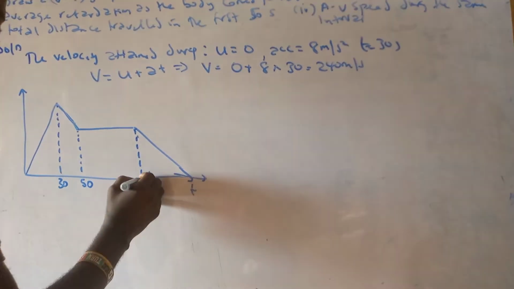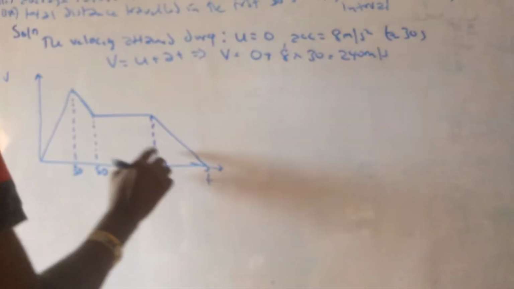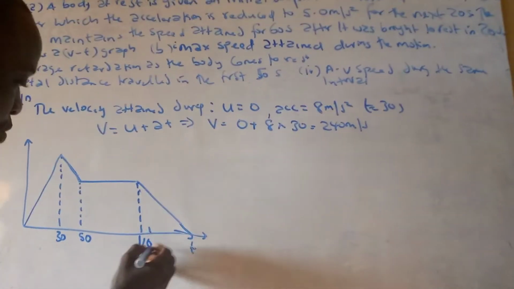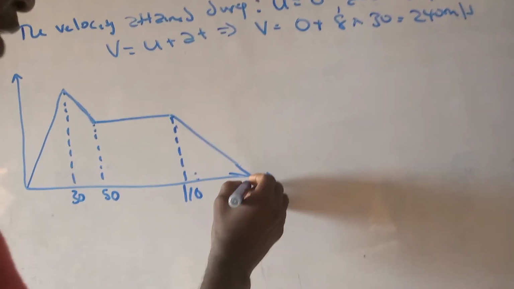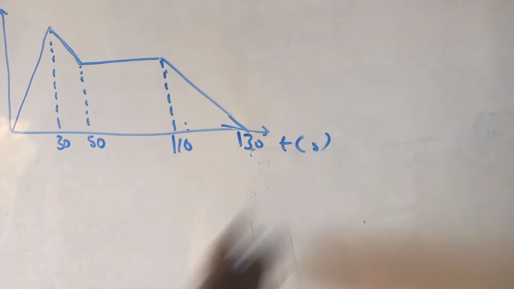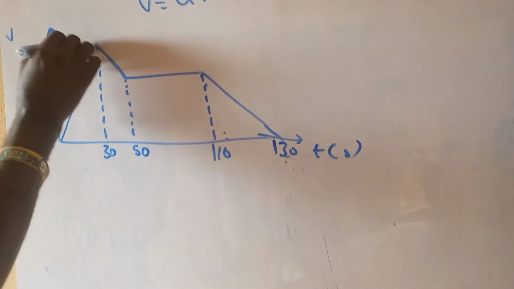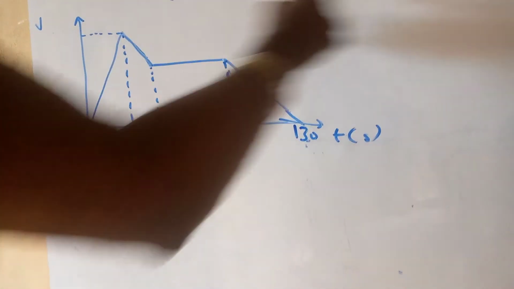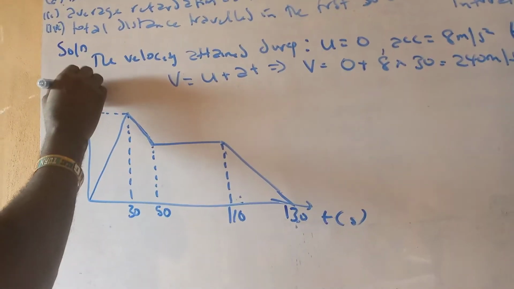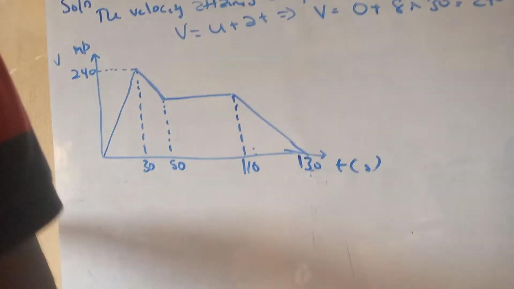It is brought to rest in 20 seconds, and adding 20 gives 130. So this is time in seconds, and the maximum speed attained is the 240 meters per second we calculated. That's the graph.